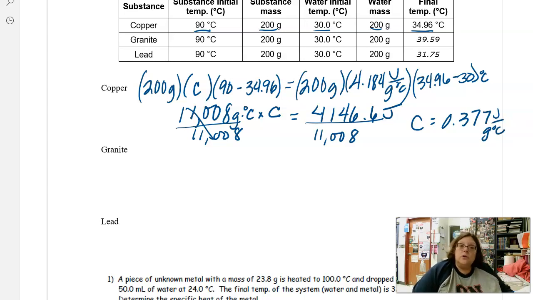When we look up copper's specific heat, it's actually 0.385 joules per grams degrees Celsius. So that's pretty close. Now we'll calculate granite.